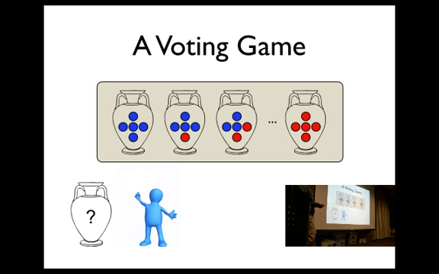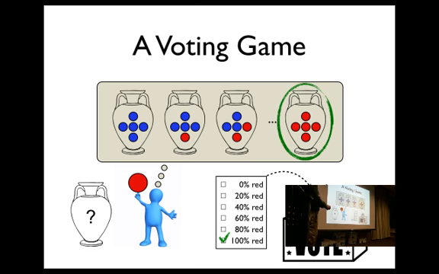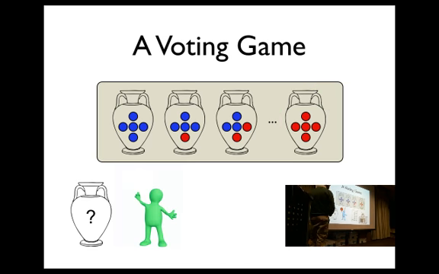So maybe the first guy, the blue guy, picks a red ball, and he thinks of the urns, and makes a guess on which urn actually produced this red ball. Remember that this urn was one of the urns right here. So maybe he says, well, maybe it's the red one, since it had all red balls. And so he will write in his ballot that he believes that the right urn is the 100% red urn, this urn here on the right.